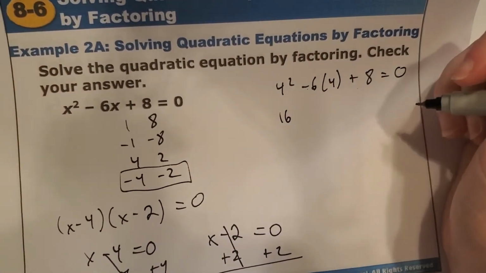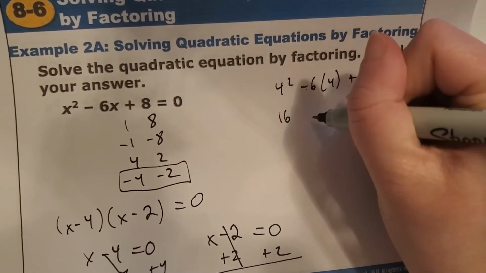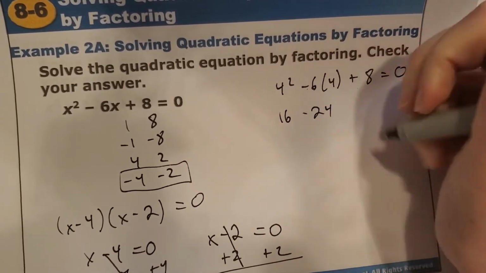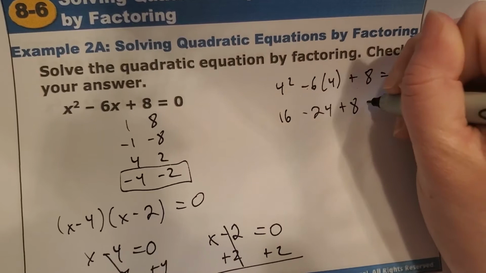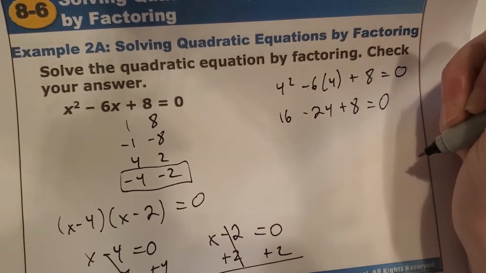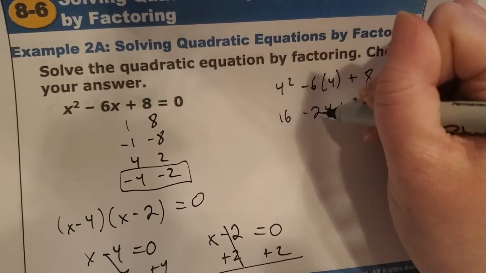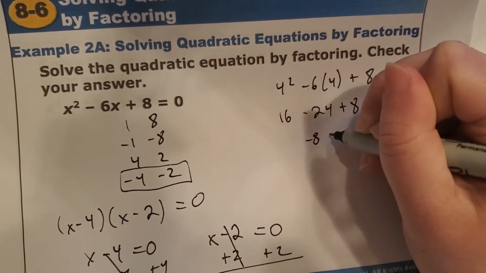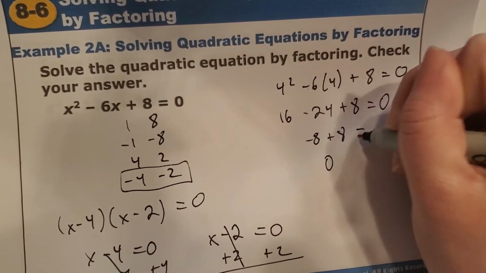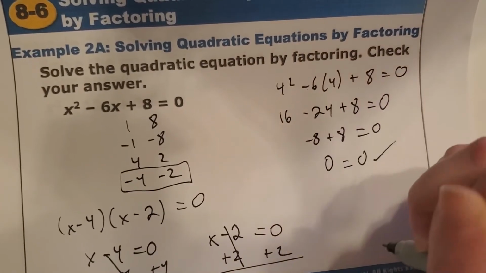And then we have multiplication and division. So negative 6 times 4 is negative 24 plus 8. And then we're going to do addition and subtraction in order from left to right. So 16 minus 24 is negative 8, plus 8 does equal 0.